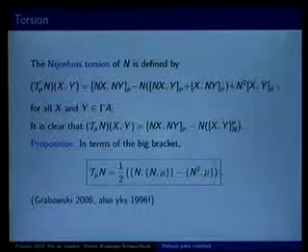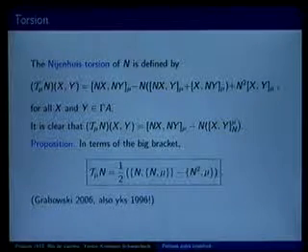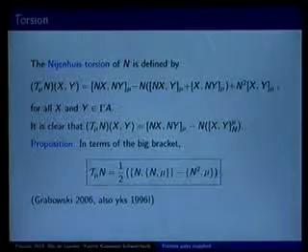Now, the formula below tells you how to look at the torsion in terms of a big bracket. And that's very useful if you want to do everything using the big bracket. So this formula is due to Grabowski. I also found a proto-formula in one of my old papers.